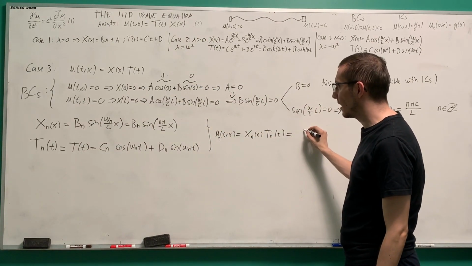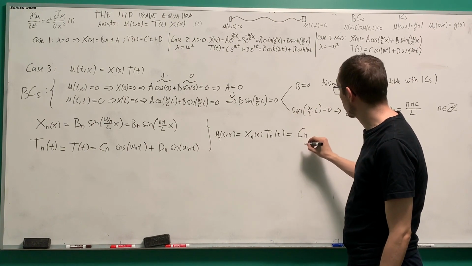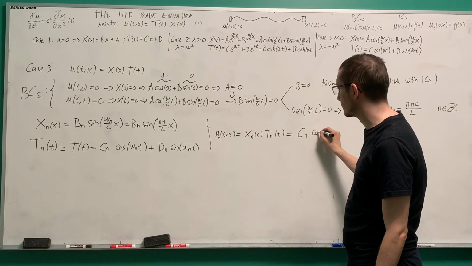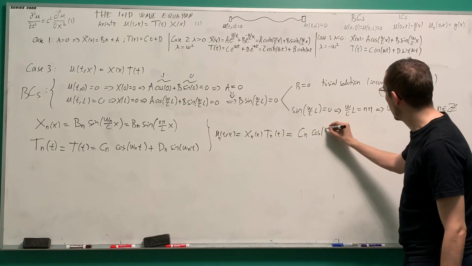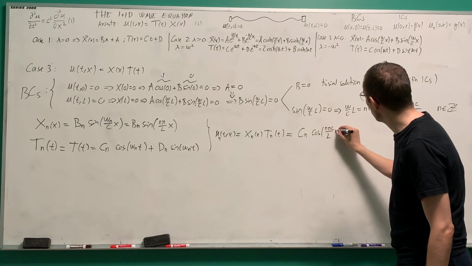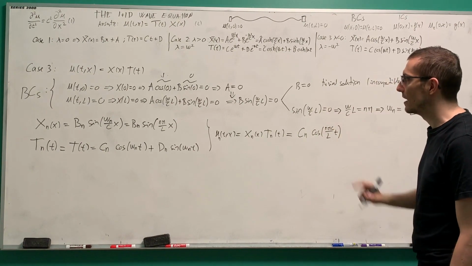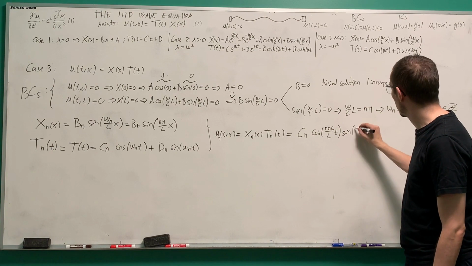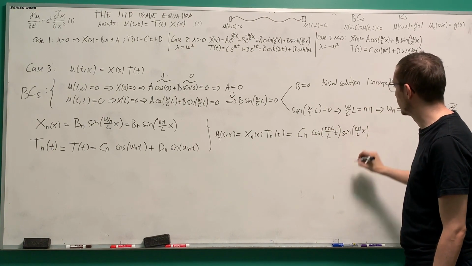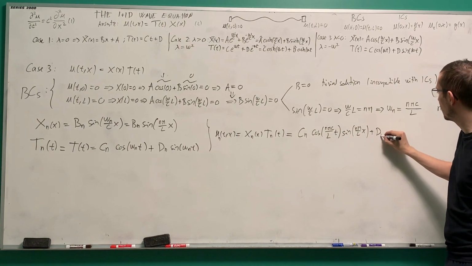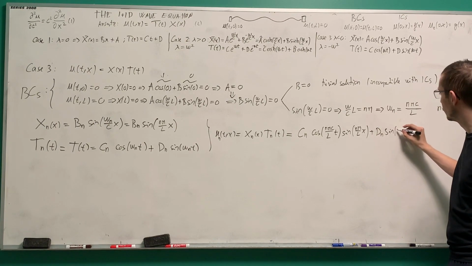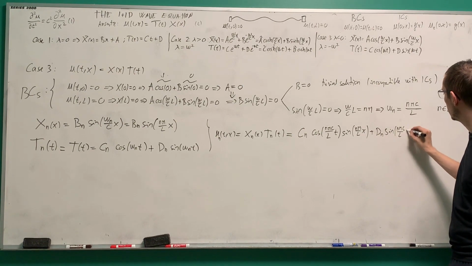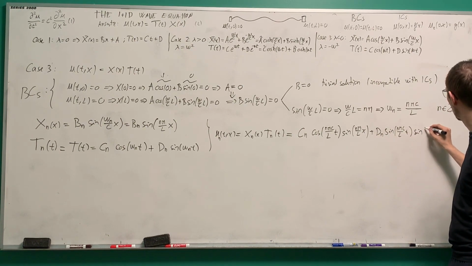That should be, let's write it like that, c_n cosine of ω_n. Let's substitute the ω_n: nπc/L t, all right, times the sine of nπ/L x, plus d_n sine of nπc/L t times the sine of nπ/L x.